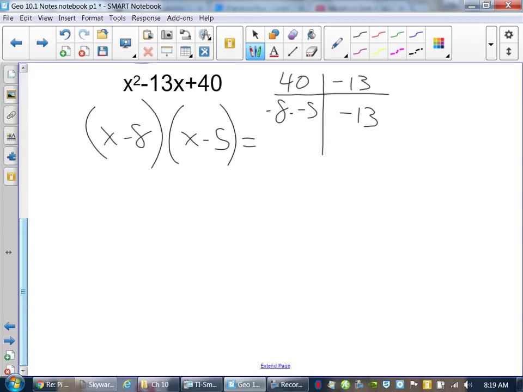Zeros are when you set each part equal to 0 and solve each individual part. My zeros of this would be, what makes this 0? 8. What makes that 0? 5.